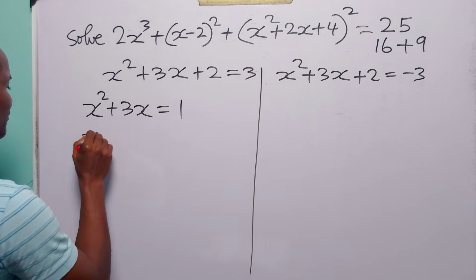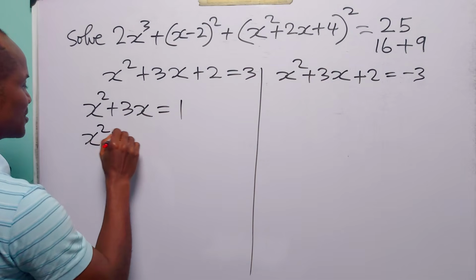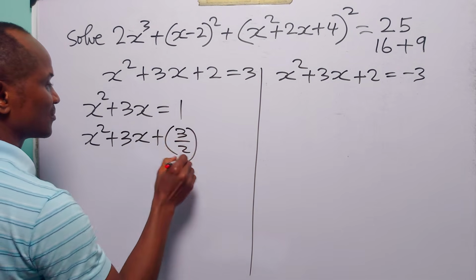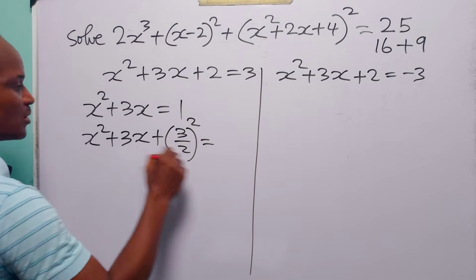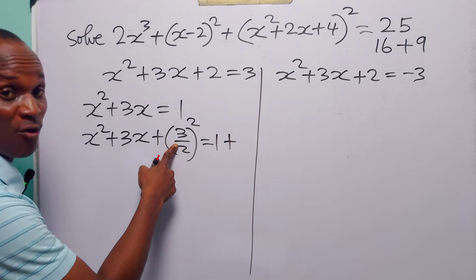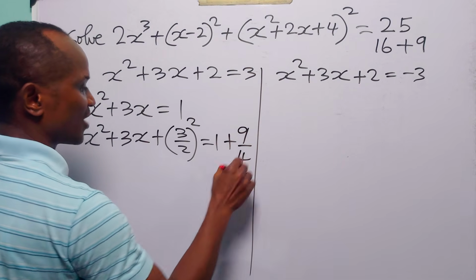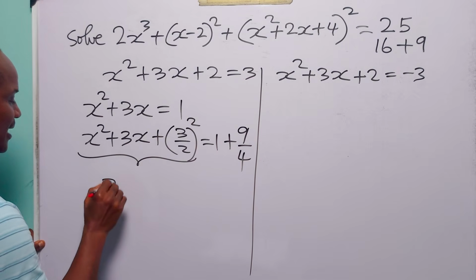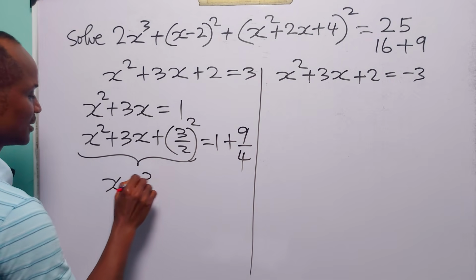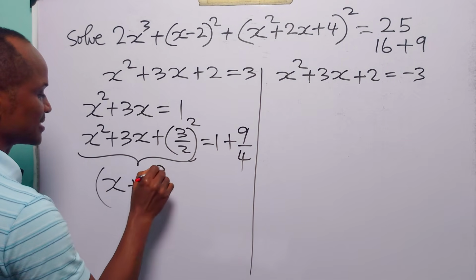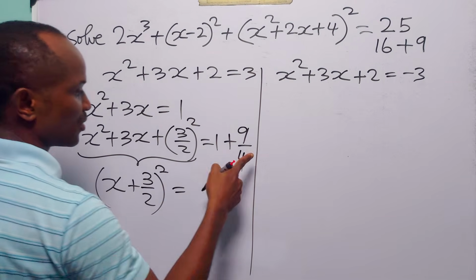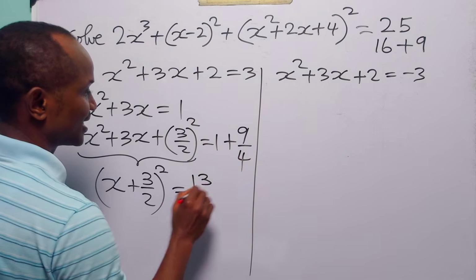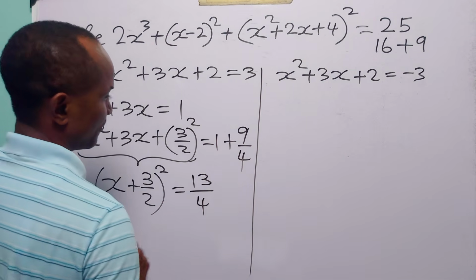When we do that, we have x squared plus 3x plus (3 over 2) squared. Now, this is equal to 1 plus (3 over 2) squared, which is 9 over 4. Now, this is a perfect square. So we take 1x and we take 3 over 2 and we square. And this is equal to 4 times 1 is 4 plus 9, 13 over 4.